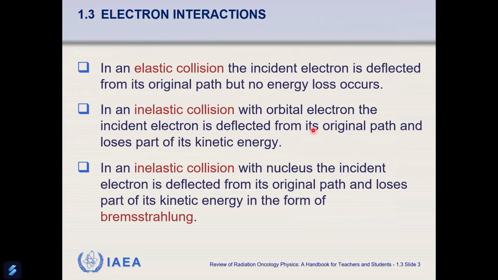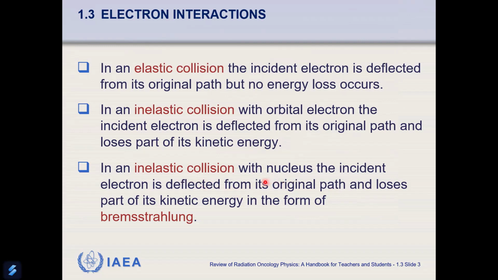So remember, what I'm describing here in the first 2 points is that an electron can collide with other electrons and be deflected, but without considerable energy loss. Or it can collide with other electrons and lose part of its kinetic energy. On the other hand, it can react not with other electrons, but with the nucleus.